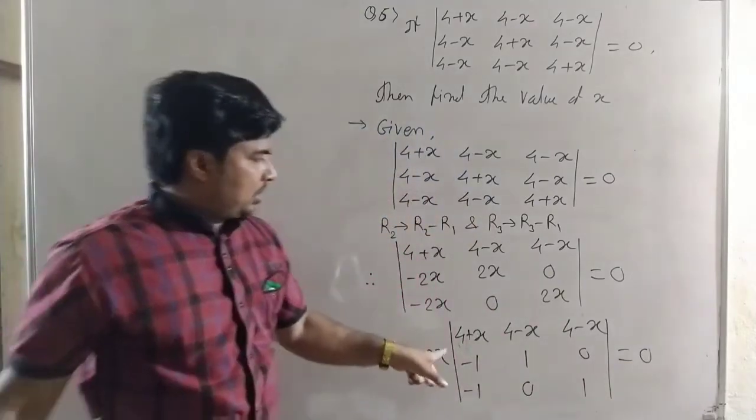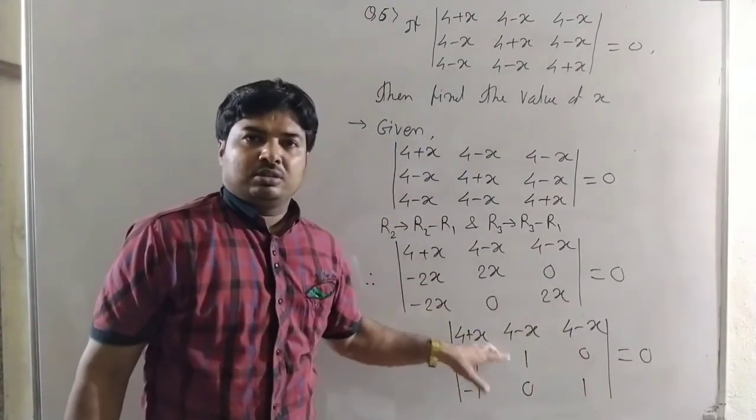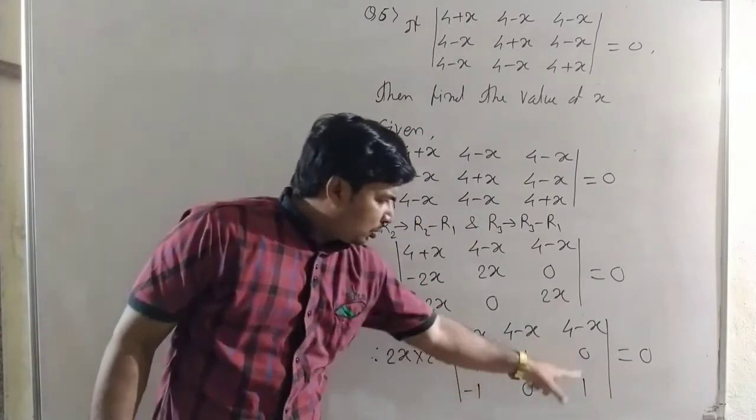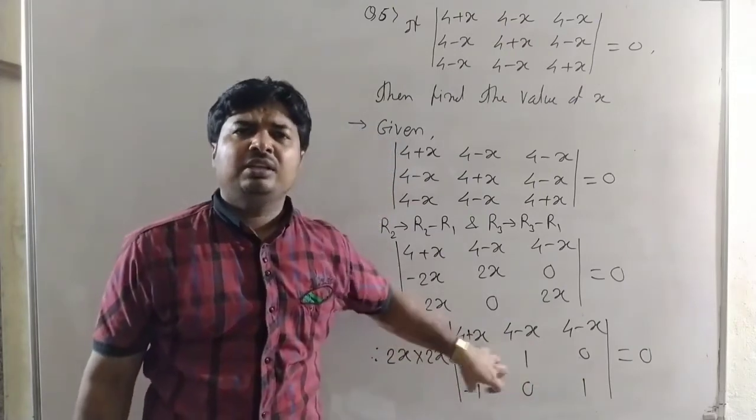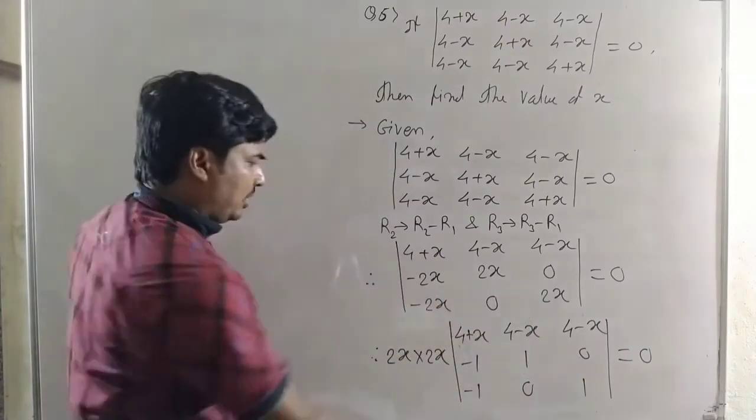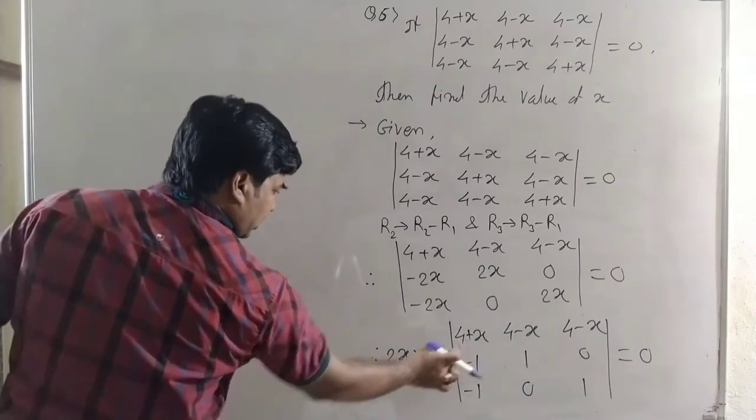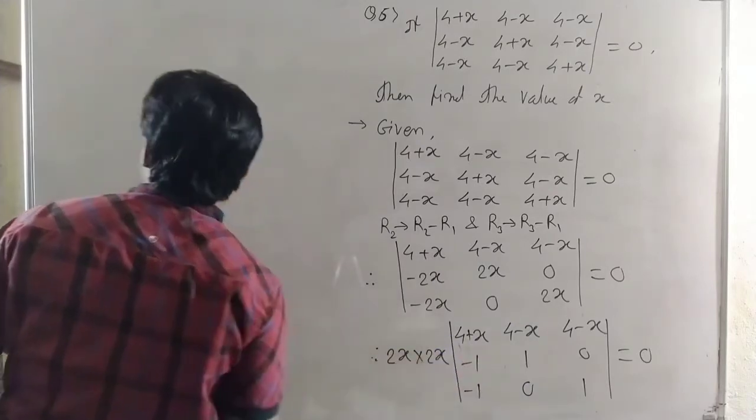Now we expand the value of this determinant. Because row 2 and row 3 have easy numbers, we expand this determinant, and 2x into 2x is a multiple of the determinant.